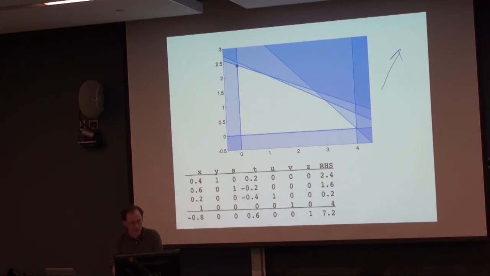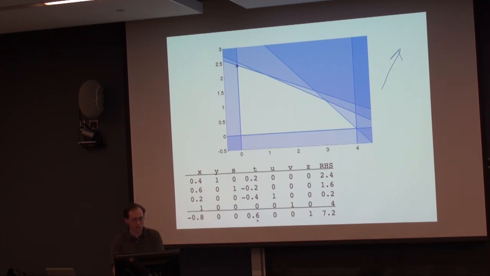If we were to increase t, we take a look at this entry in the objective row, and that says that the objective is going to get worse at a rate of 0.6 for every unit that we increase t. And so we don't want to increase t.